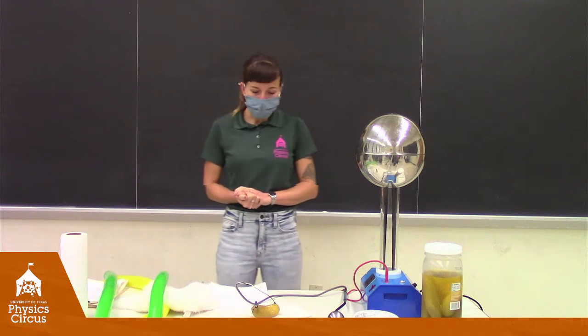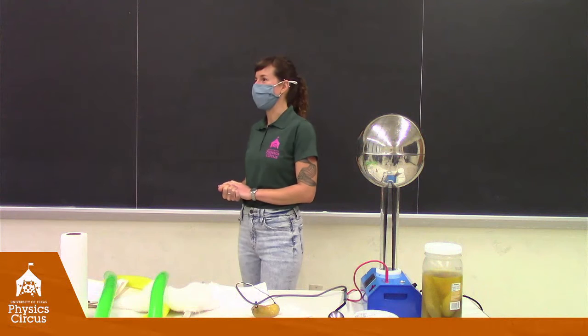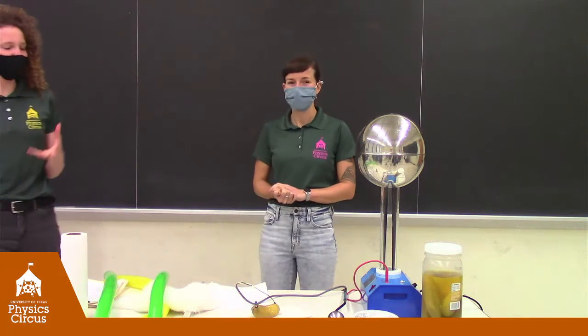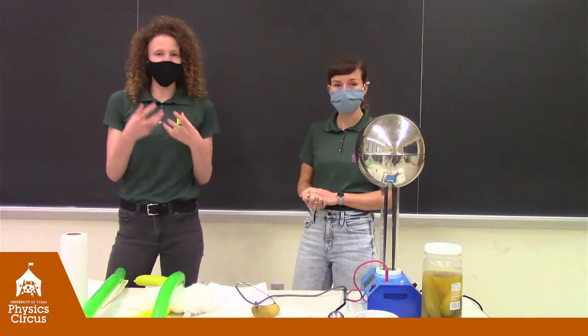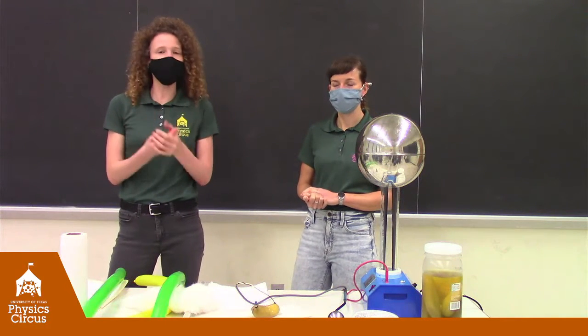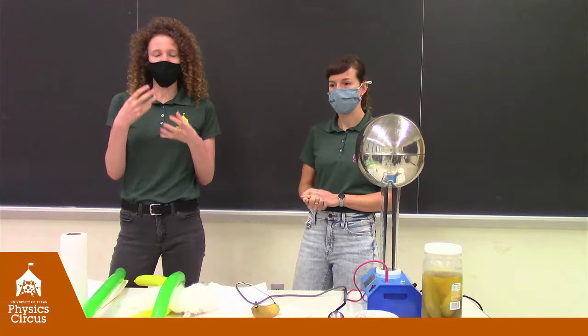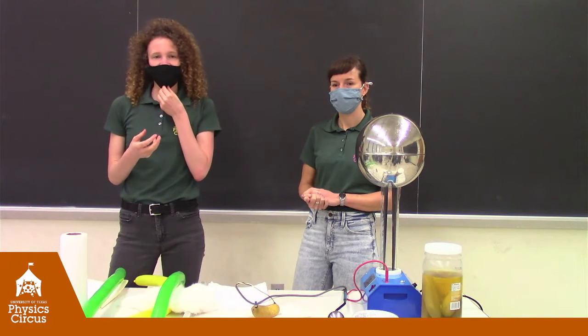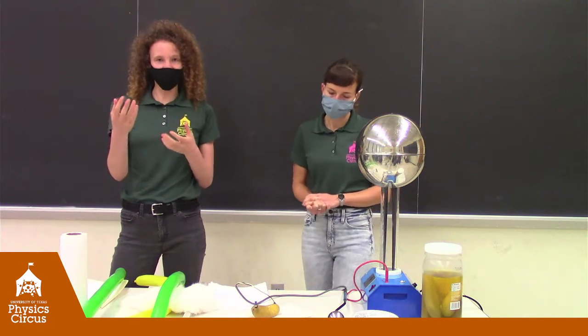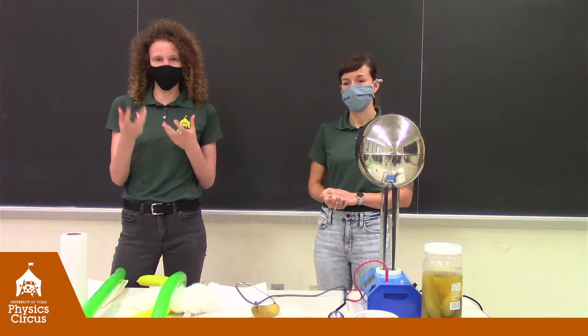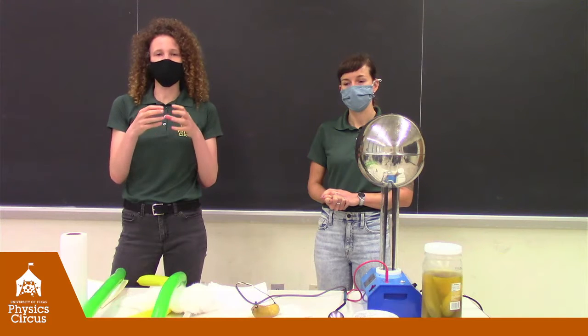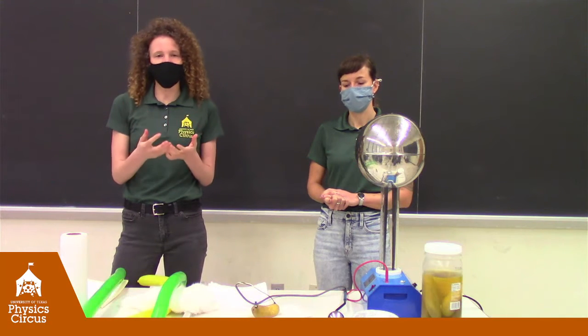So why does a pickle light up like that? Well, it's because when you try to send electricity through a medium that doesn't conduct electricity well, it causes a lot of resistance. And when you have resistance, like a filament in a light bulb, which has resistance to electricity, it emits energy in the form of light and heat.